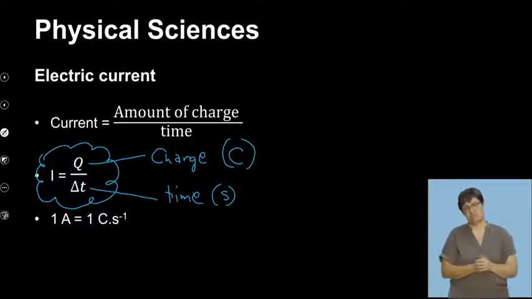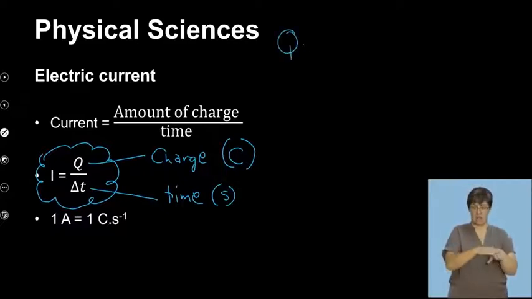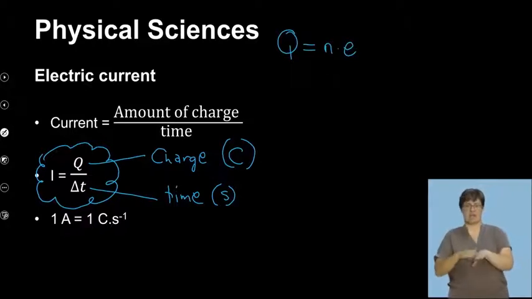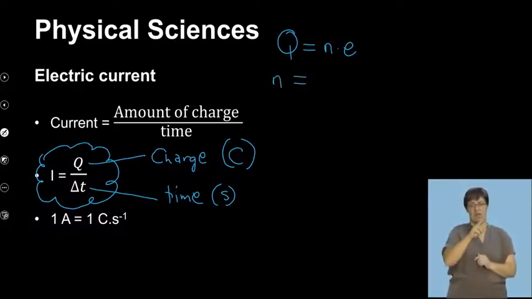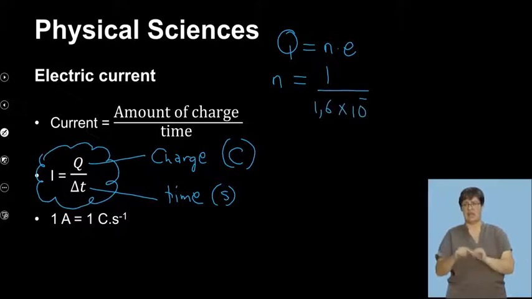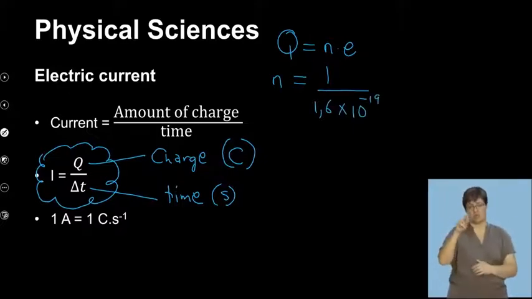In terms of electrons, from quantization of charge, charge equals the number of electrons multiplied by the elementary charge. So if we have a coulomb of charge, how many electrons must pass through a point per second? We divide Q, 1 coulomb, by the elementary charge, 1.6 times 10 exponent negative 19, to get the number of electrons.